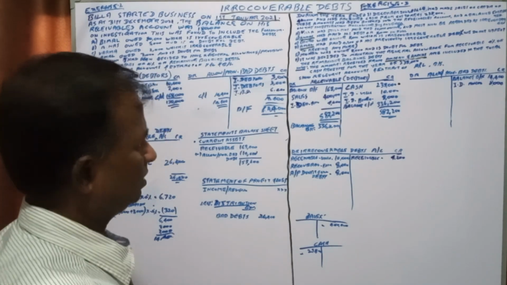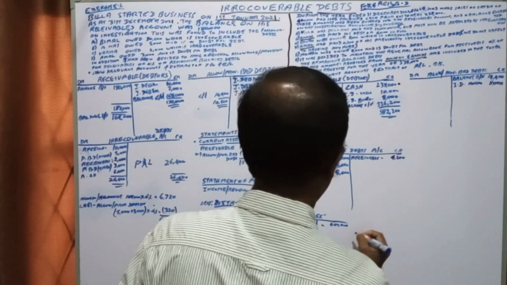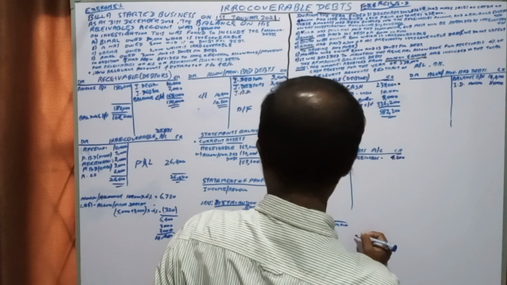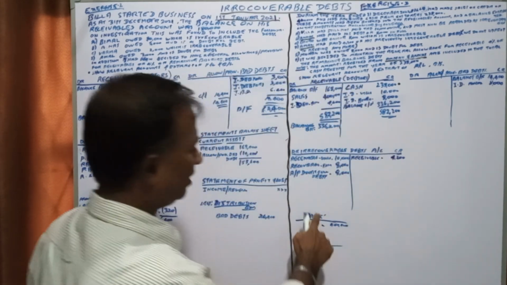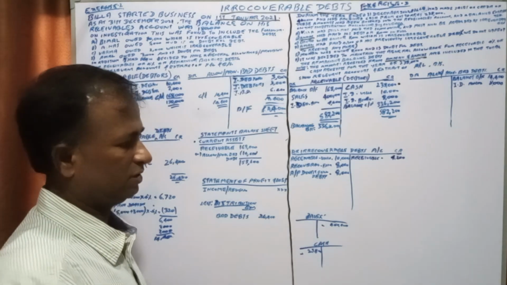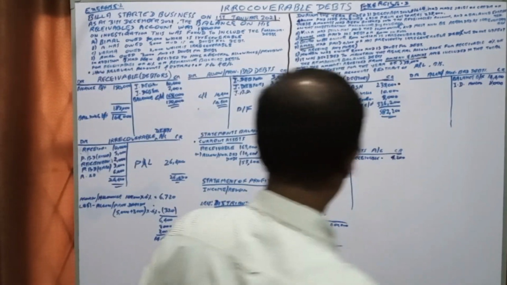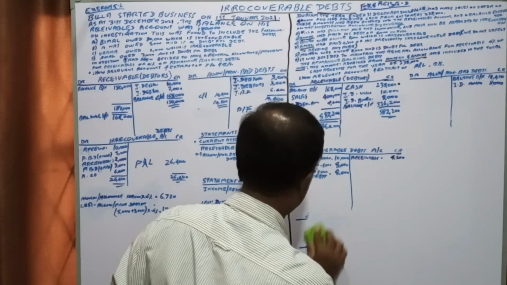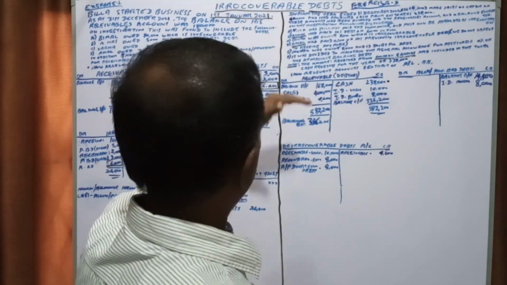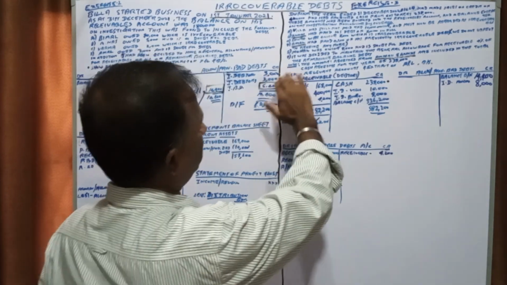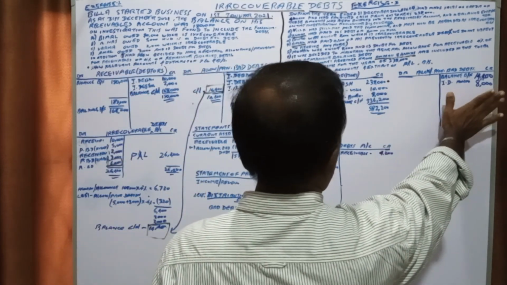Right? Here we will say provision of. I am going to raise this one. Otherwise I don't have any space here to show you. Okay, now we have made adjustments until this one.